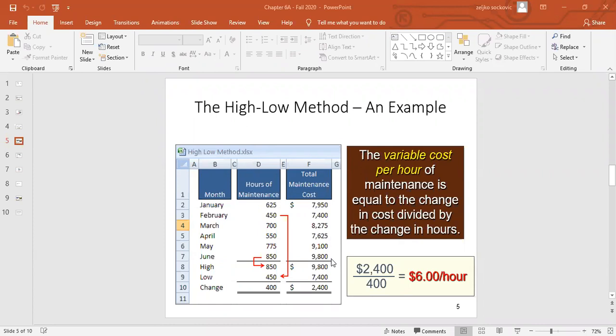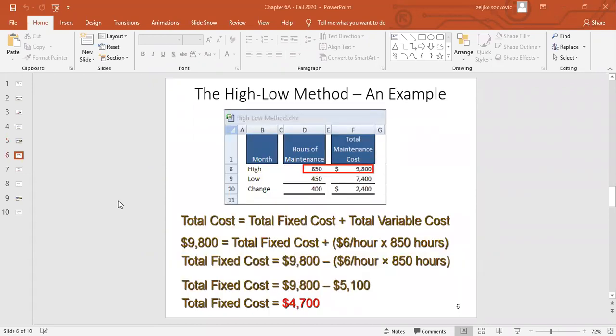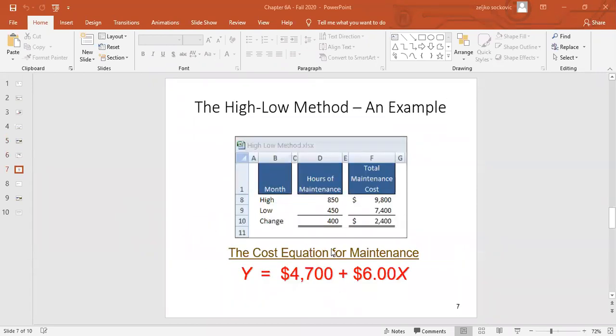Again, regression analysis would give us a little bit more precise result, but what we care about here is a good estimation. So now we know 4,700, and this is our equation: 4,700 plus 6 times x. X is machine hours.